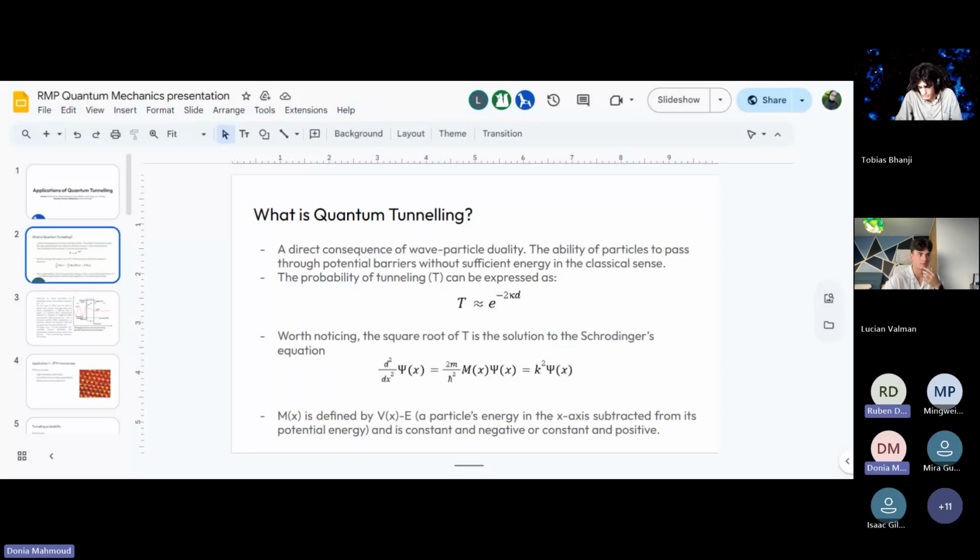Another way of saying that is that the square of the wave function is the probability. And one thing you can see is that mx is defined by vx minus e, which is the particle's potential energy subtracted from its energy in the x-axis. And that's constant and negative, or constant and positive, depending on the state.